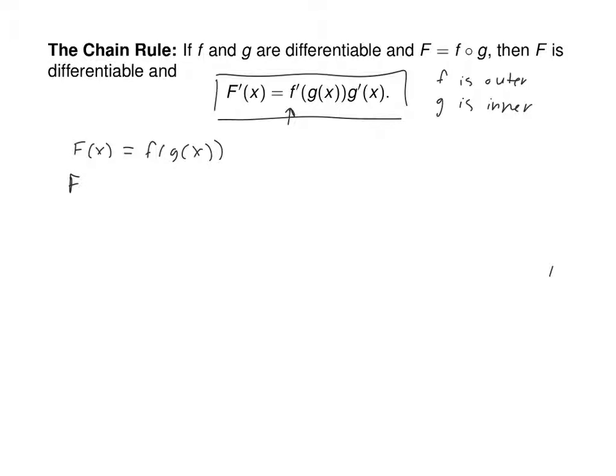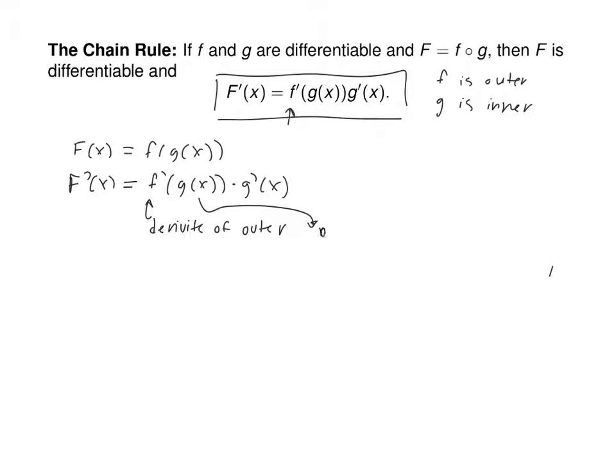What this formula says is that capital F prime is little f prime of g times g prime. So what does f prime mean you do? Take the derivative of the, which one, outer or inner? Derivative of outer. And what's inside of it? Just regular g, not differentiated, right?